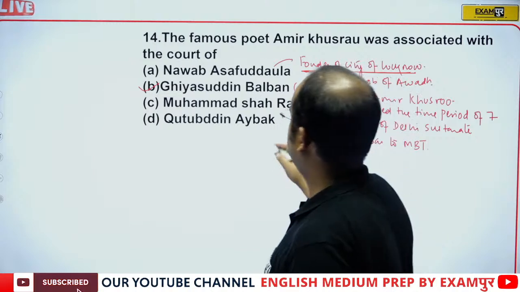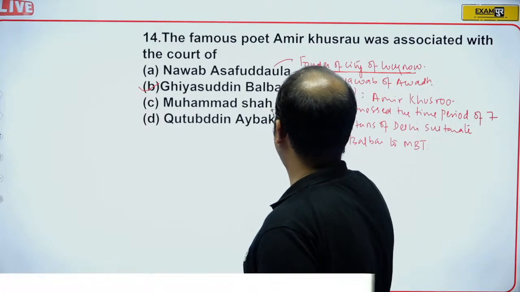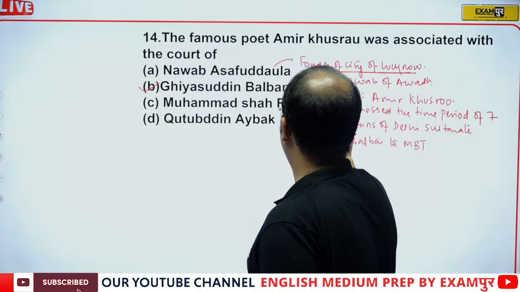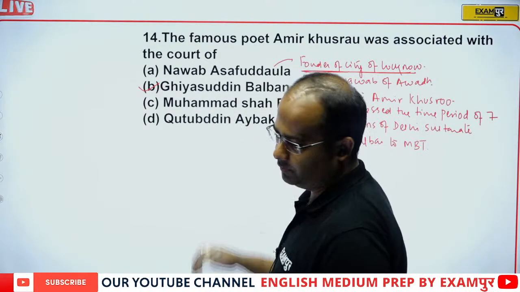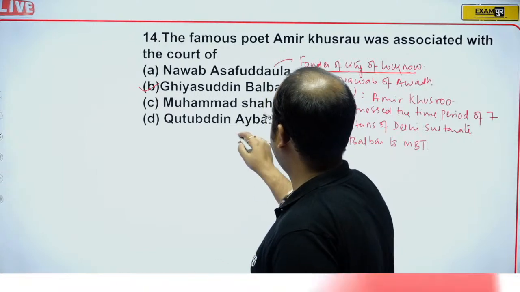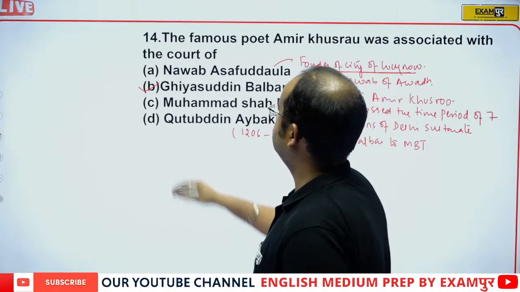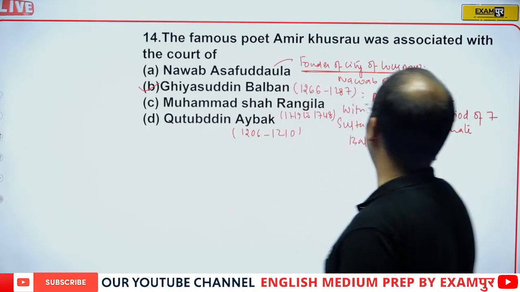So the correct answer will be, guys, option B. Muhammad Shah Rangila, 1719 to 1748, that was the time of the Mughals, and Qutbuddin Aibak, 1206 to 1210. So the correct answer will be Ghiyasuddin Balban.